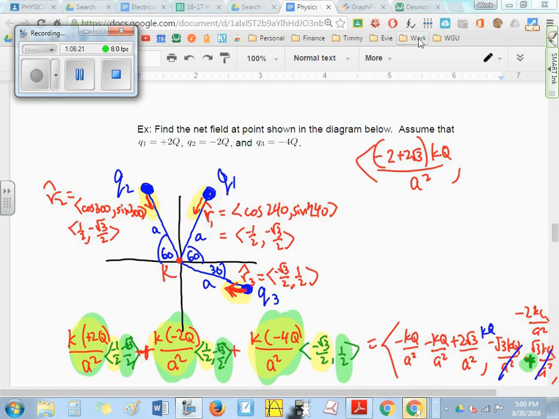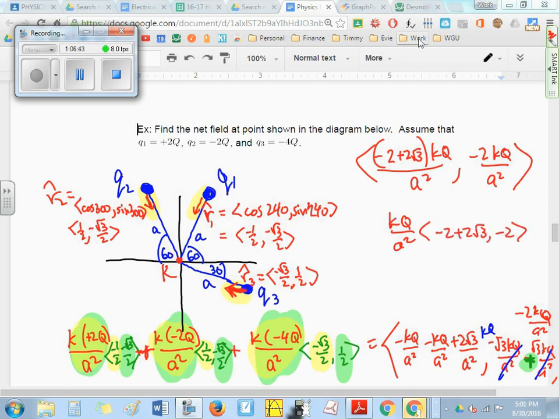That's a bracket, not a square. So assuming I combined like terms right, and I think I did, you could now basically just pull out the kq over a squared. So I have negative 2 plus 2 root 3, comma negative 2.